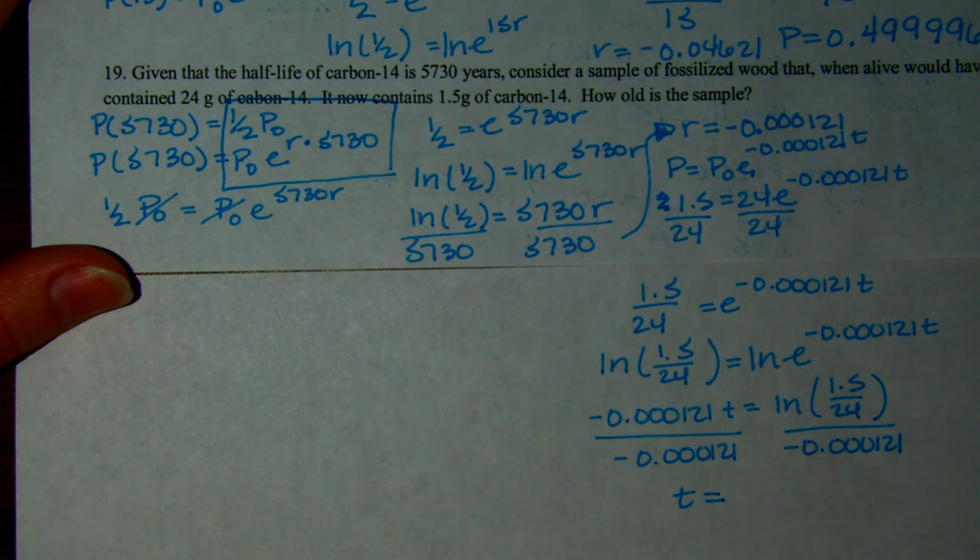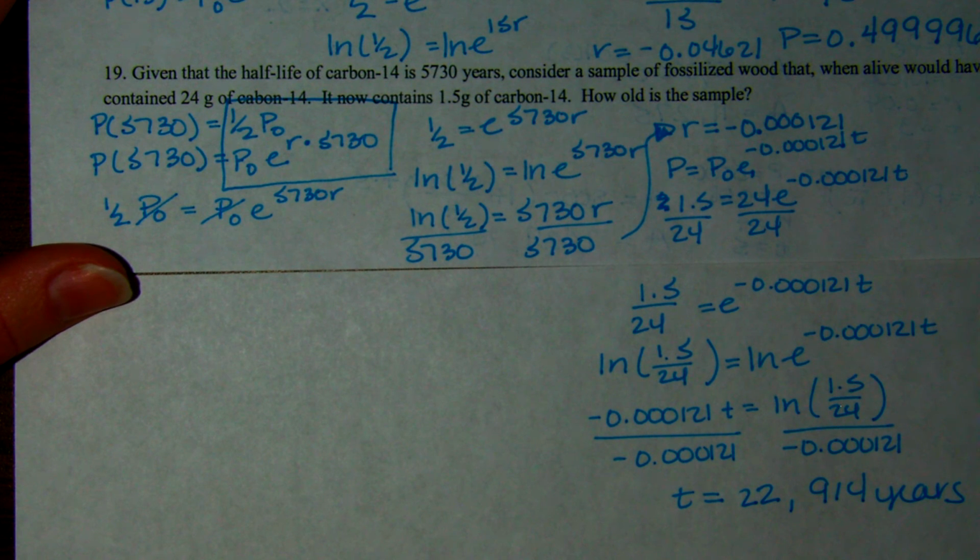We get t is equal to 22,914 years. So that sample of wood is almost 23,000 years old.